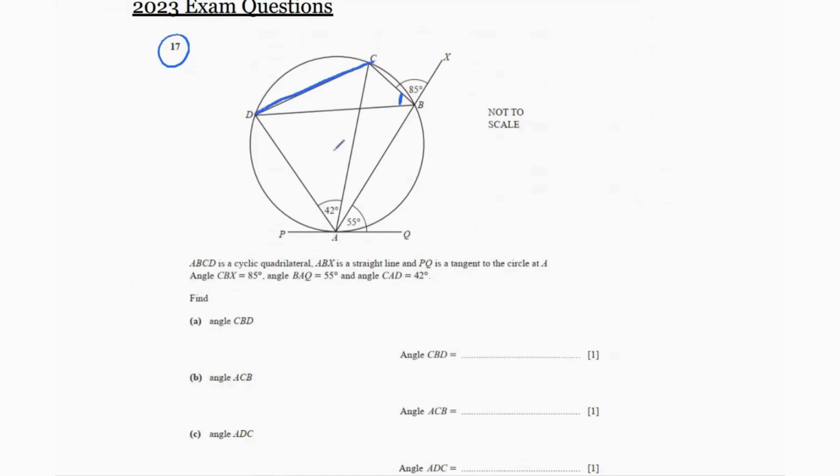DC is a chord. If this is 42, an angle coming out of the same chord is also going to be 42. So this is 42. Angles in the same segment are equal. That is the reason. Then ACB. This one now.